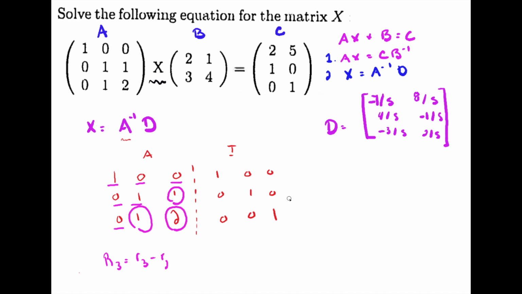So what we get is row 1 doesn't change, it's 1, 0, 0, dash line, 1, 0, 0, 0, 1, 1, 0, 1, 0. Now for row 3, we do the old row 3 minus row 2: 0 minus 0, 0, 1 minus 0, 0, 2 minus 1 is 1, 0 minus 0, 0, 0 minus 1 here is negative 1, 1 minus 0 is 1.